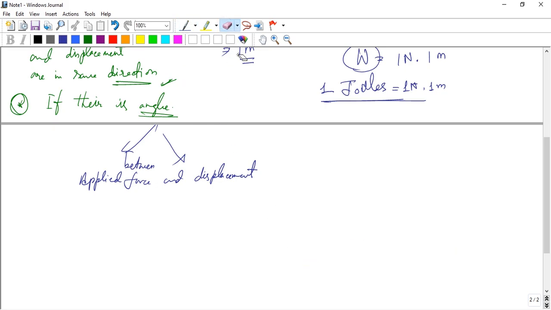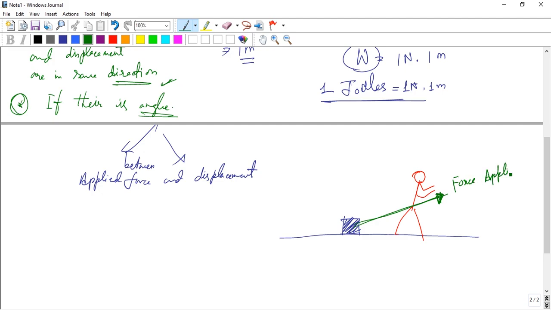Suppose there is a straight line with an object on it, and some person pulls the object in that direction. That is the applied force.